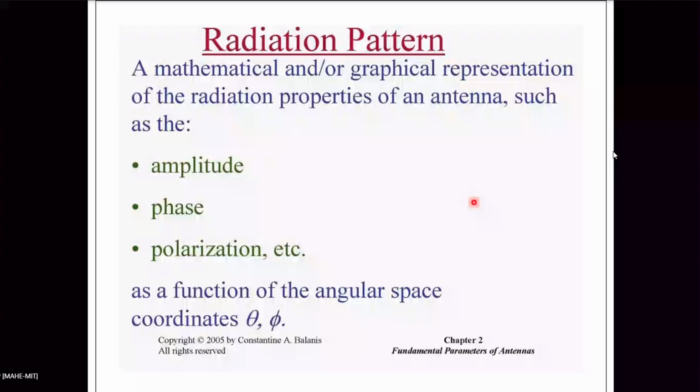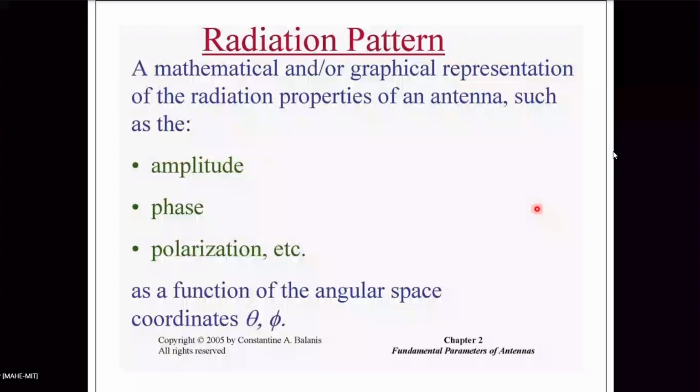If you vary both theta and phi, which are independent variables, the amplitude is a dependent variable. Then you plot amplitude and get a three-dimensional plot. If you plot amplitude as a function of theta alone, or as a function of phi alone, you get a two-dimensional plot pattern.